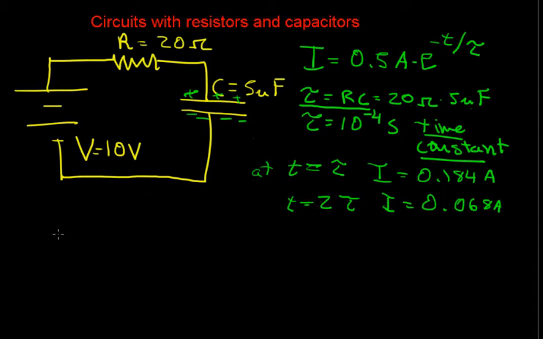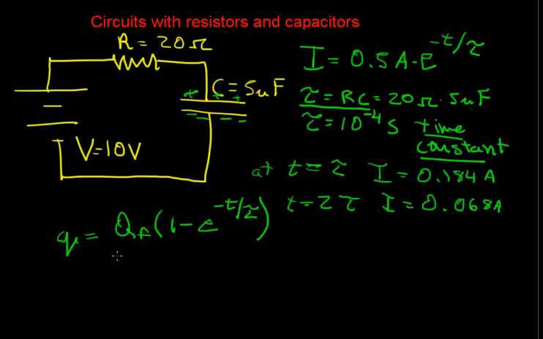So we could also talk about how the capacitor charges, and our formula for that was Q on the capacitor is equal to Q final times 1 minus e to the minus t over tau. Again, that tau is the same thing as the RC, right?